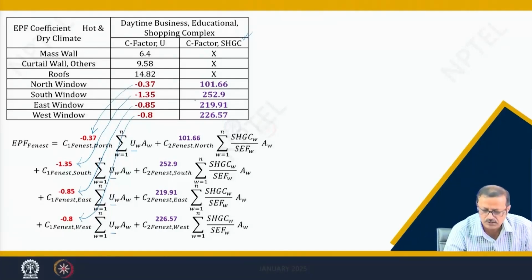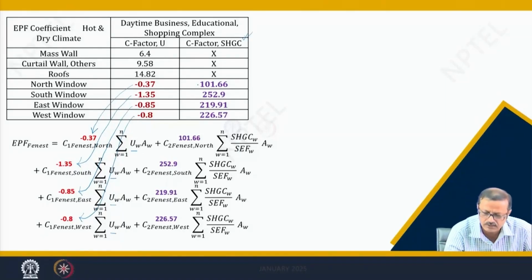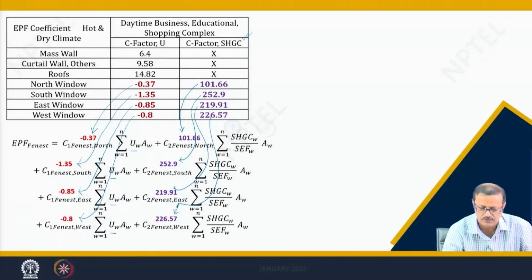So, the C2s are for the SHGC, because C2 belongs to the SHGC part of the equation. So, 101 is for north, 252 is for south, 219 is for east and 226 is for the west.